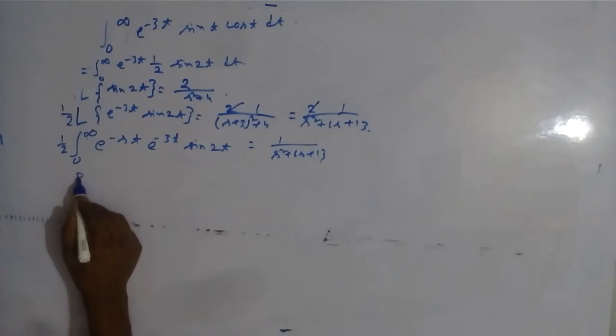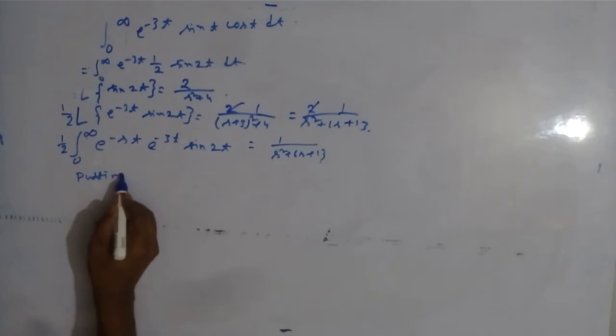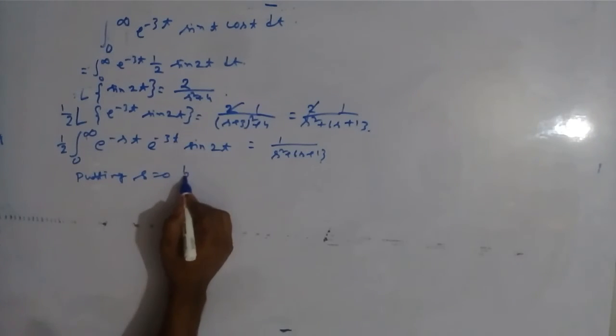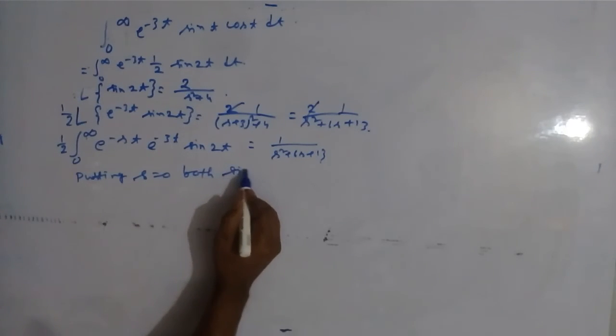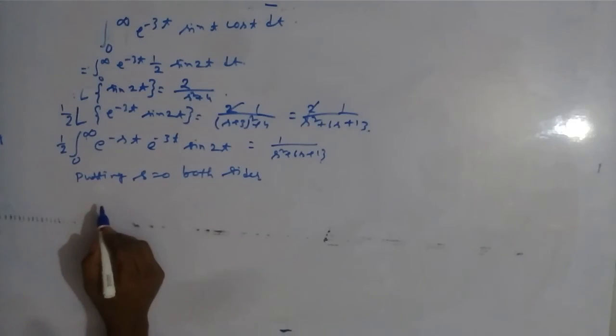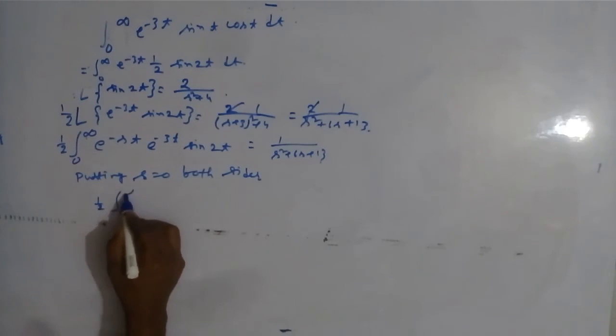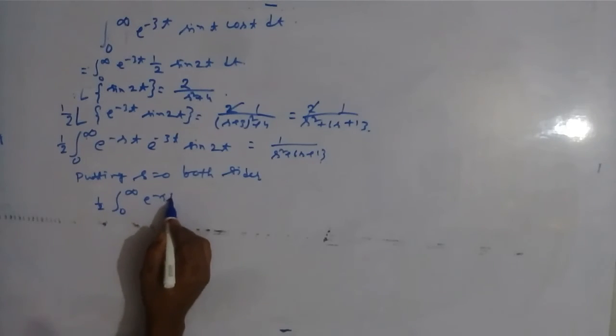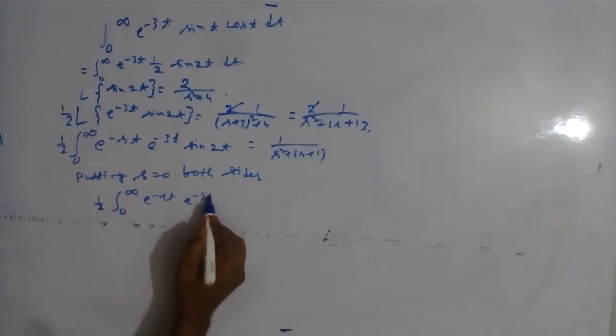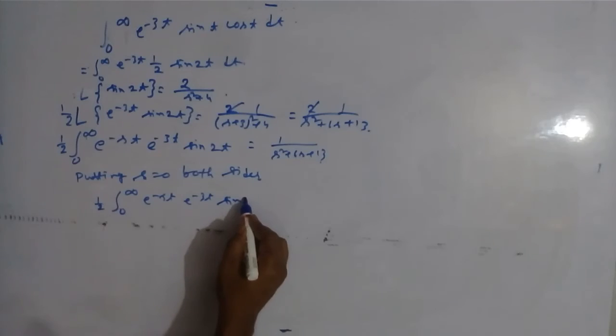Now putting s equal to 0 on both sides, we get half into the integration from 0 to infinity of e to the power minus st e to the power minus 3t sin 2t dt.